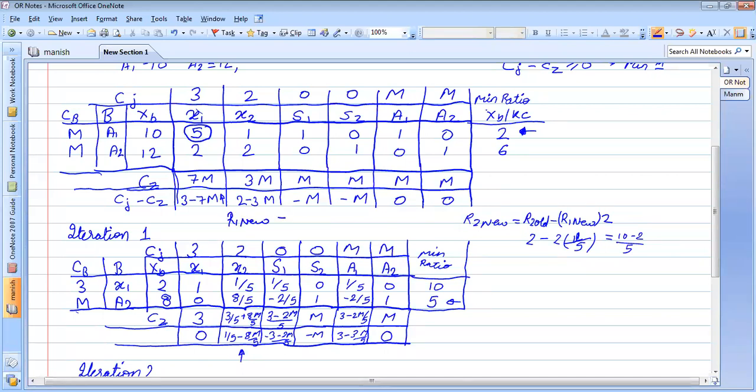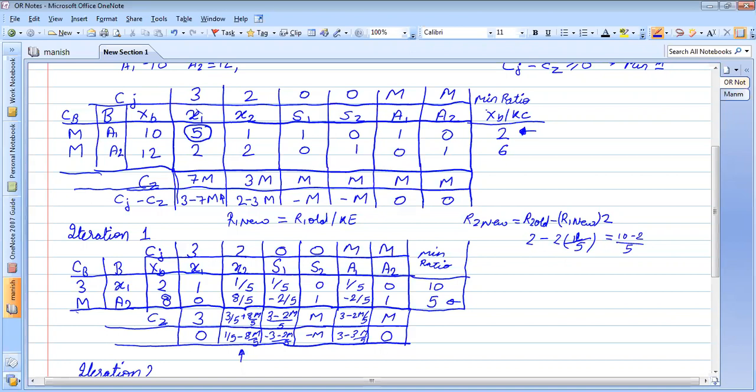Row 1 new will always be equal to row 1 old divided by the key element, isn't it? So we divide the first row by the key element. We copy Cj, CB, B, XB, X1, X2, S1, S2, A1, A2, and 3, 2, 0, 0, M, M. Then we write the basic variables: x1 and a2.